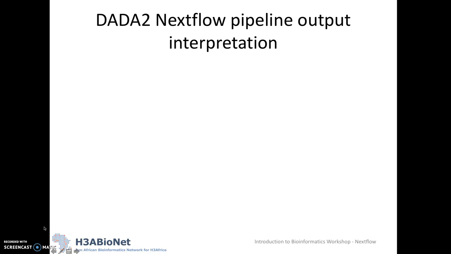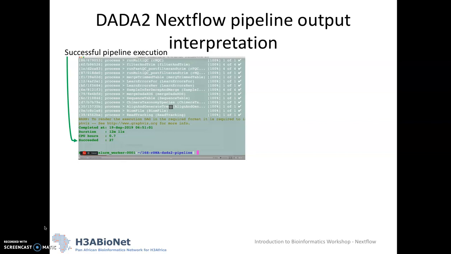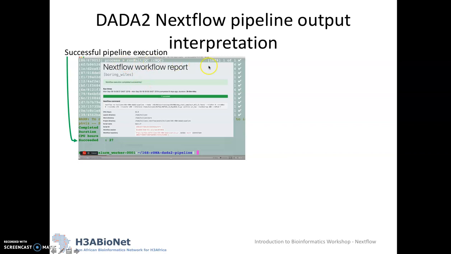To summarize how to interpret your Nextflow pipeline output, we saw what a successful pipeline execution looks like. It'll tell you how many processes succeeded, and it'll be coded in green. You'll have your Nextflow report that you can also pull up, where it'll tell you that the workflow succeeded, and there you can also see how much resources each process used and whether you need to adjust this on your own cluster.